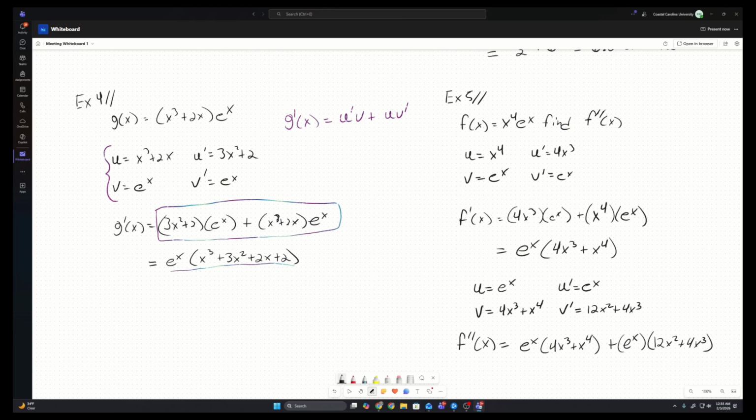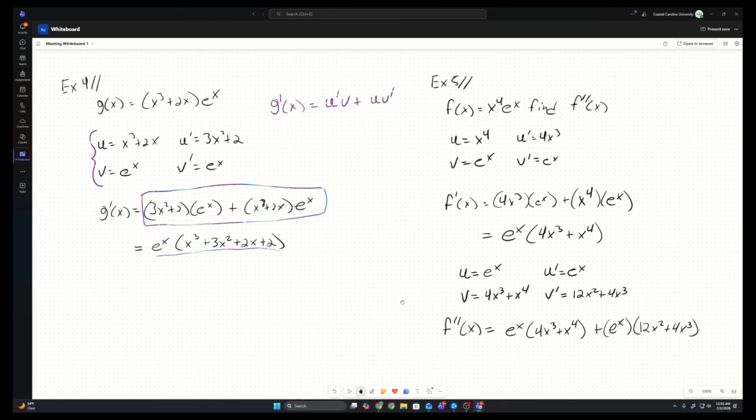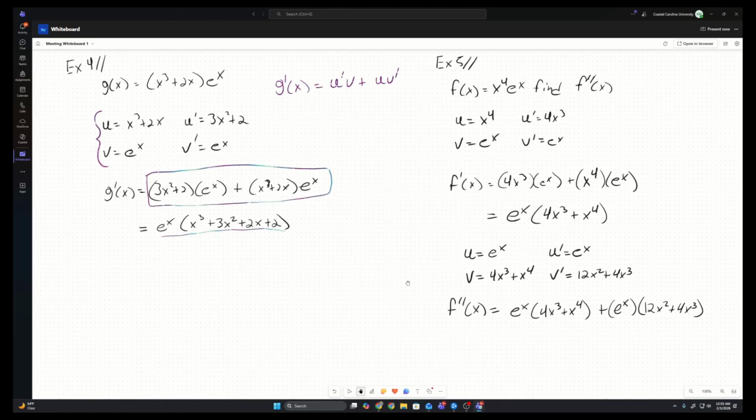Now, like I said, if you want to be fancy with it, we could go one step further, although this is an acceptable answer. We could factor out the e to the x, like we did for the previous questions, and combine like terms in the middle. So you get x to the fourth plus 8x cubed plus 12x squared. You can say this is the final answer if you want to go fancy with it.